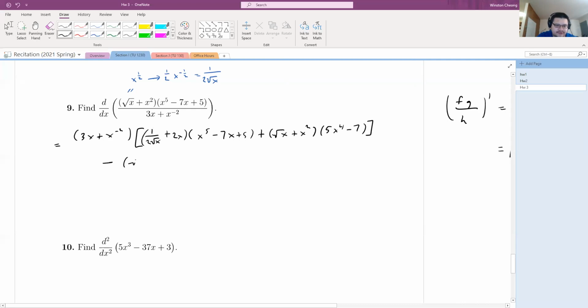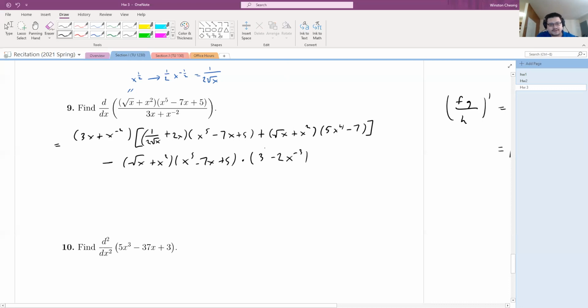numerator times derivative of denominator. So I copy the numerator down, times, and now the derivative of the denominator. It's going to become a minus because we take the power rule of that. It's going to be a minus 2x to the negative 3rd.